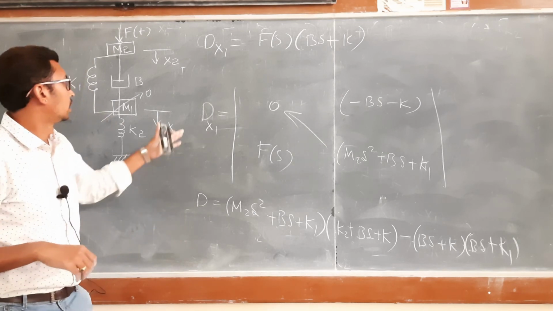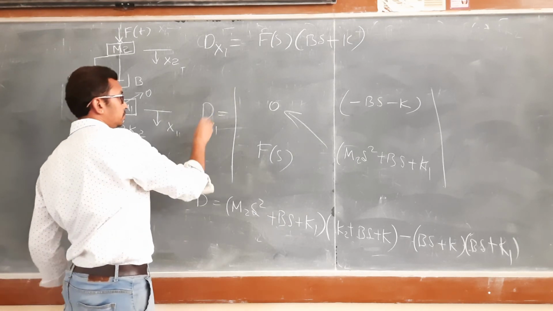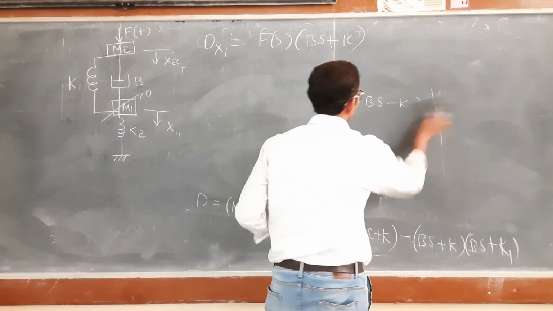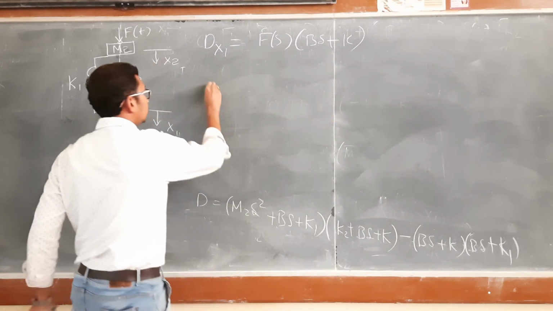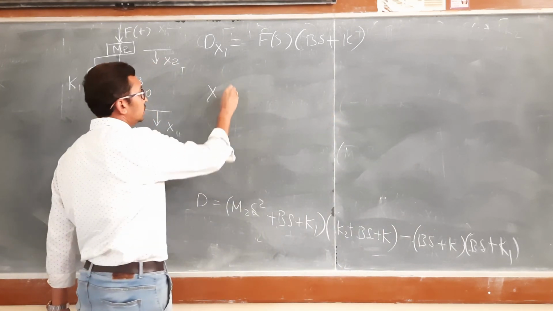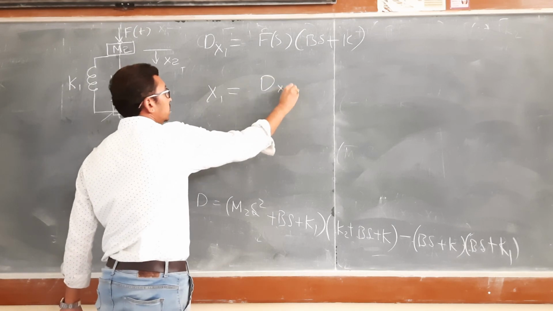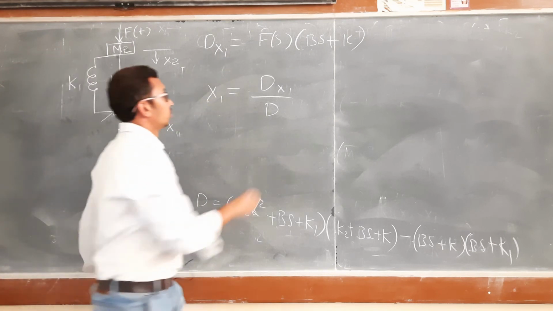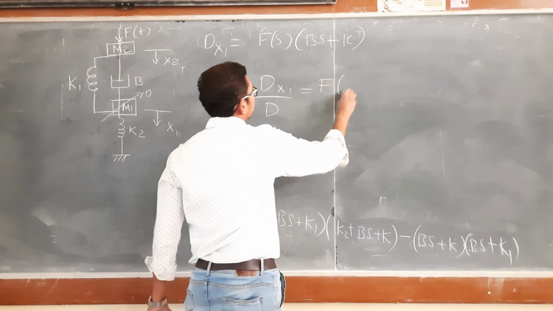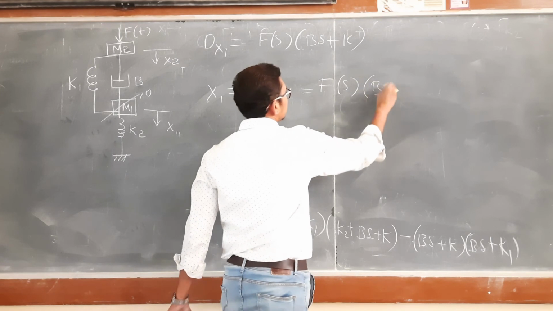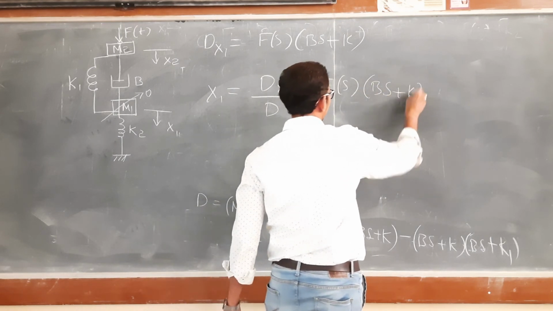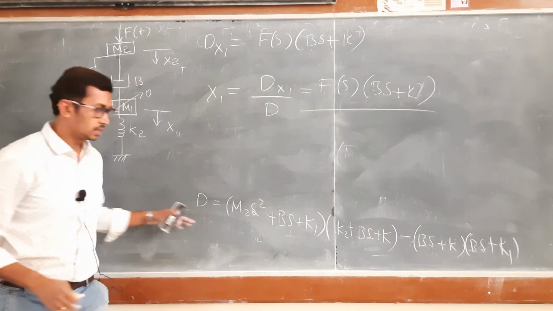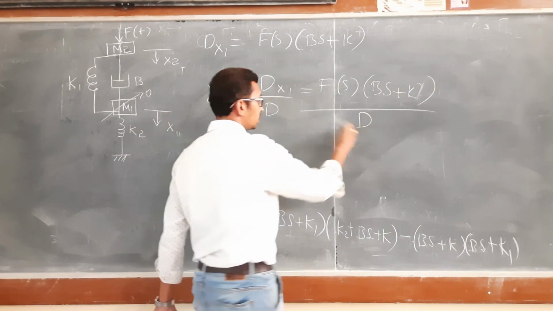As per Cramer's rule, x1 is equal to dx1 divided by d. What is dx1? We have this one, F of s times bs plus k, and d is here, just I am going to write the d over here.